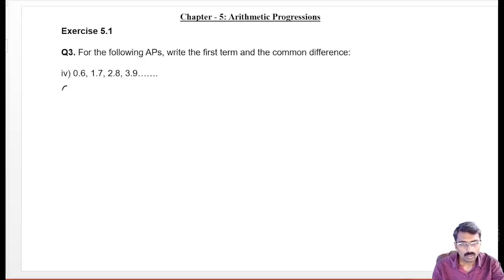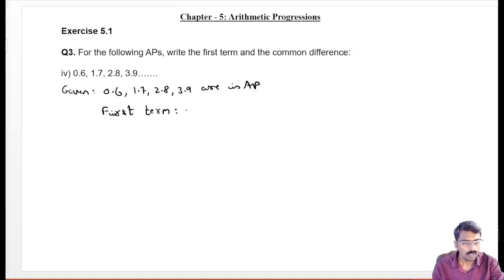We would move on to next question. What is given in the next question? Given 0.6, 1.7, 2.8, 3.9 are in AP. So here our first term is A, that is equals to 0.6.